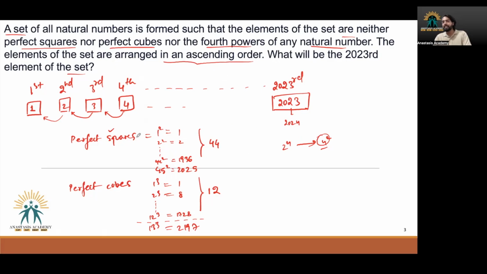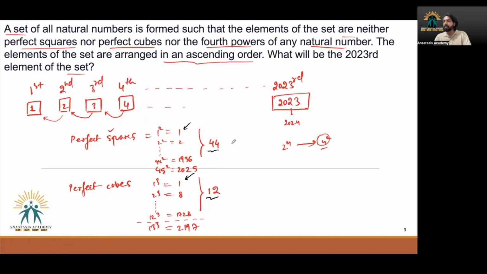Now the only thing is that some numbers are common to both these series, like perfect square 1 and perfect cube 1. I have counted these numbers twice.